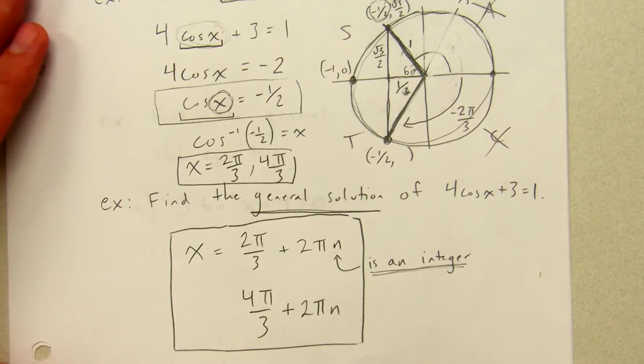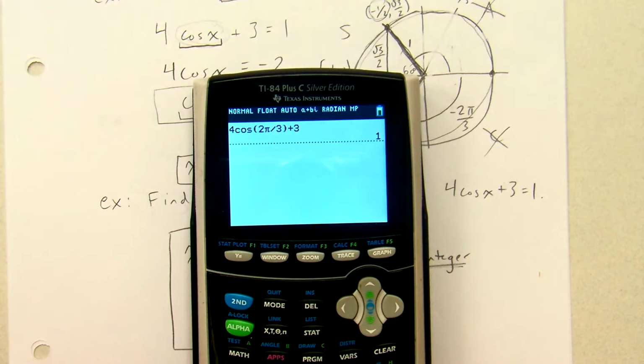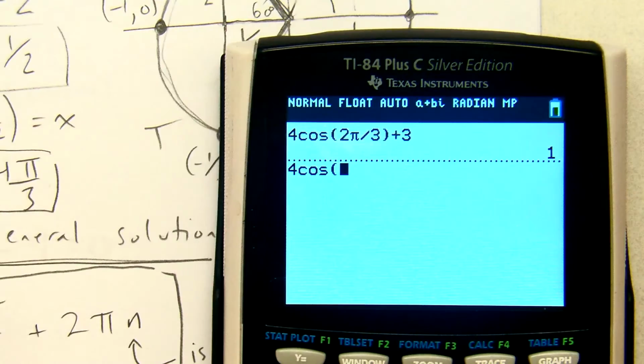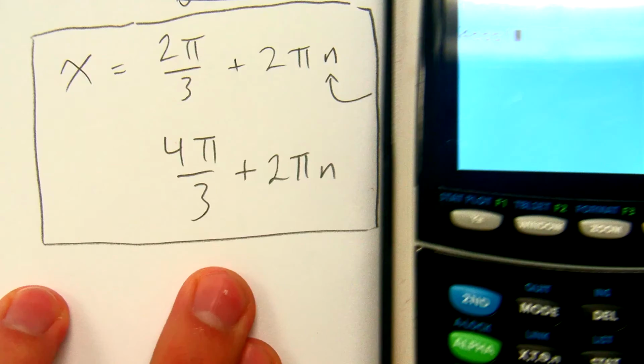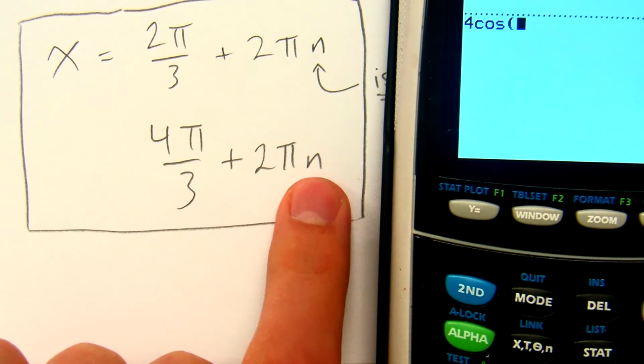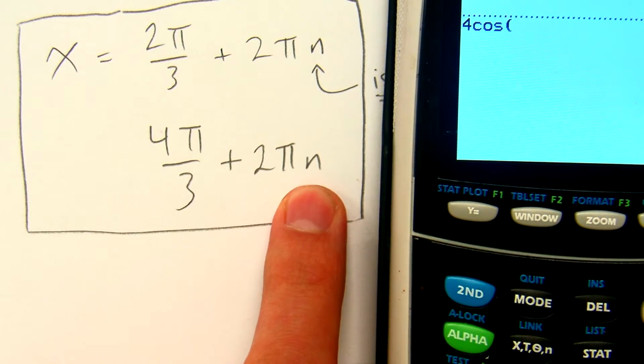And you know what? Let's check that on our calculator too. I want to see if 4 cosine of some angle plus 3 equals 1. I'll check one of these general solutions, 4 pi over 3 plus 2 pi n. Remember, I can pick any integer I want for n, and it should still be a solution. What's a really fun integer? How about 101?